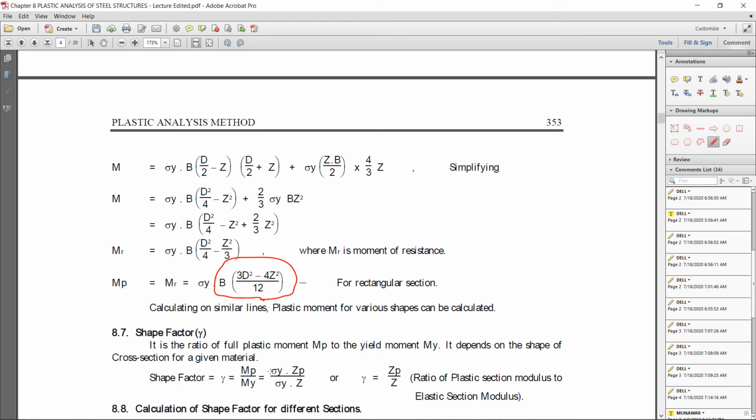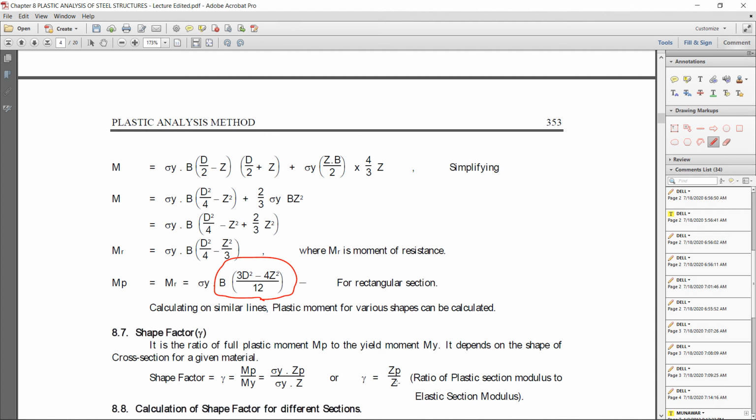The shape factor is equal to Mp over My. Mp over My is equal to sigma y Zp over sigma y into Z. Sigma y will cancel out. Now we can say that shape factor is equal to Zp over Z, and section modulus is entirely dependent on dimensions. So it varies for each section, for rectangular section, for circular section, for I section.